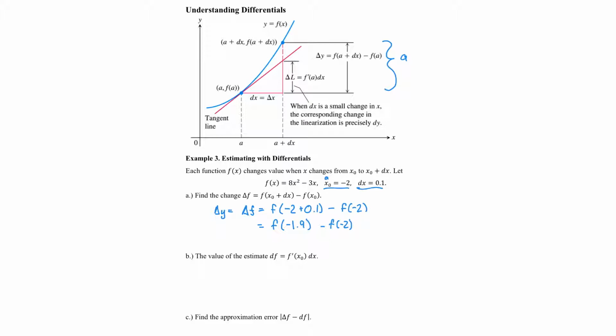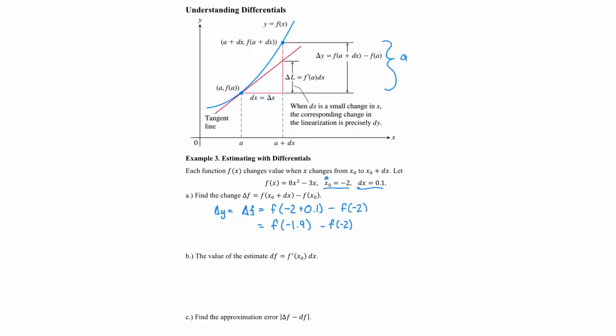Then, in the case of b, we're asked to estimate the differential of f, which is just dy. So we're going to find the derivative, f prime of x, and let me write that a little bit neater.